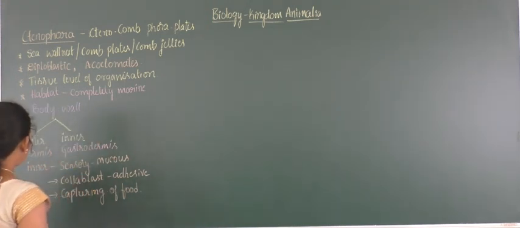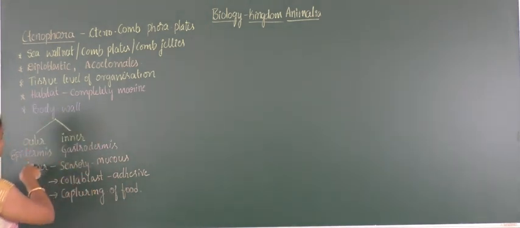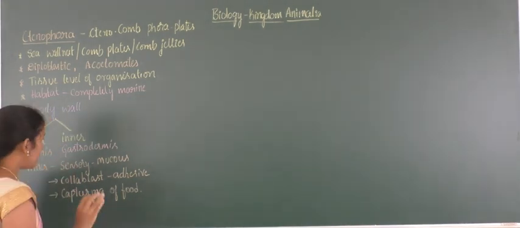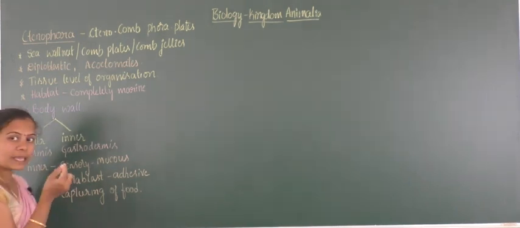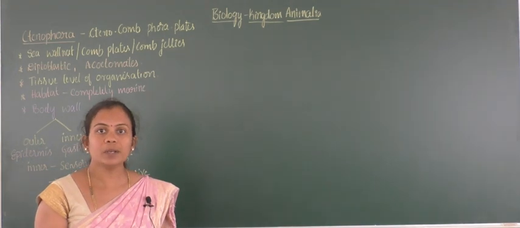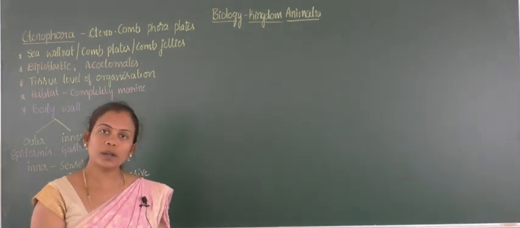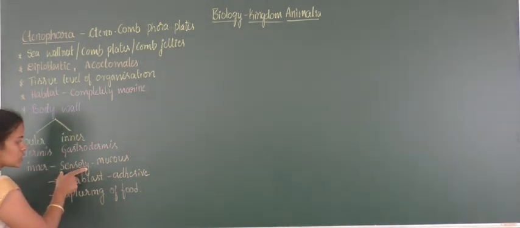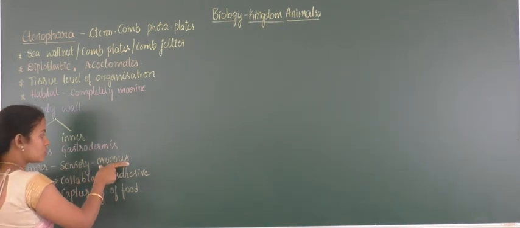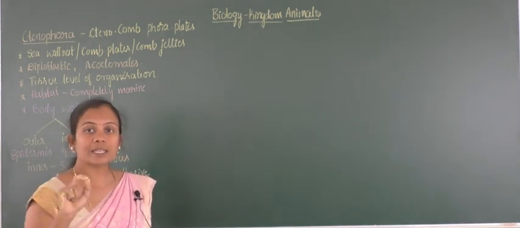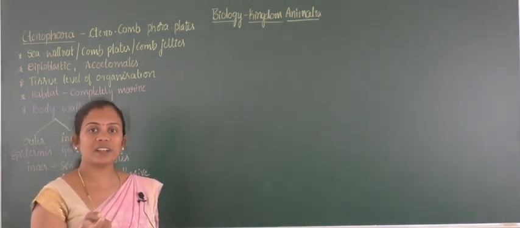So in the body wall we have the outer epidermis and the inner gastrodermis, and the epidermis is again divided into an outer layer and an inner layer. The inner layer possesses sensory structures and mucus secreting cells. Sorry dear students, mucus glands differ from mucus secreting cells.